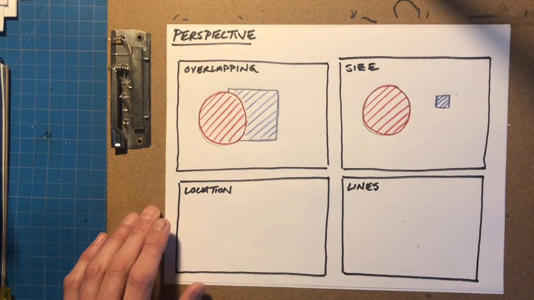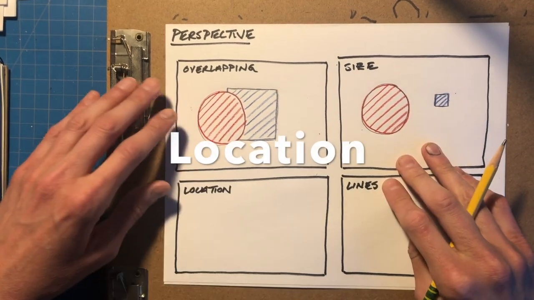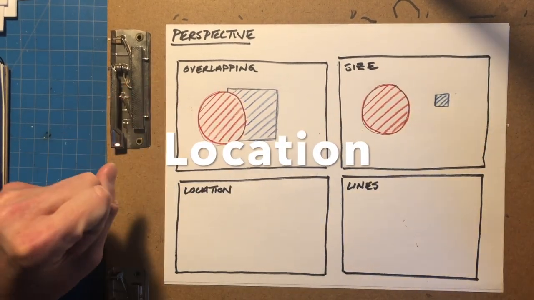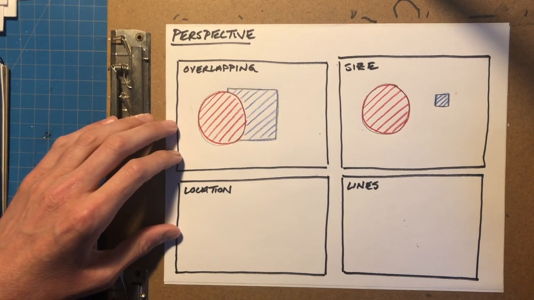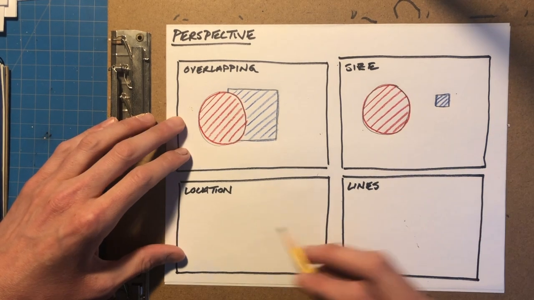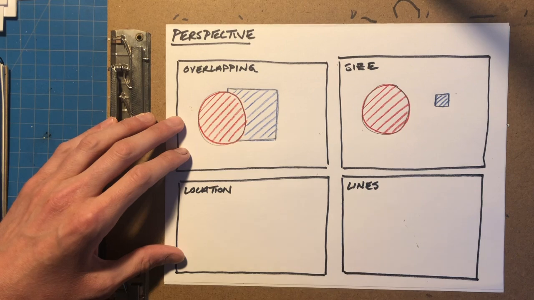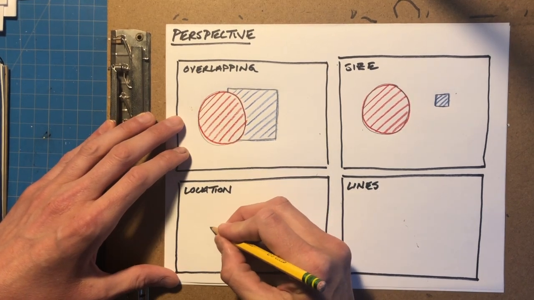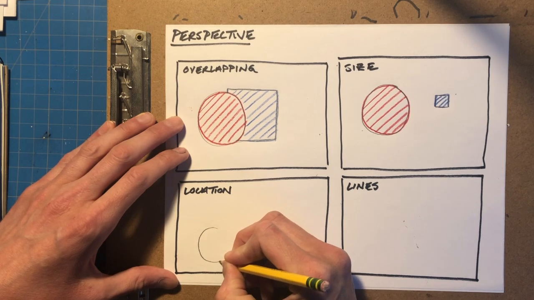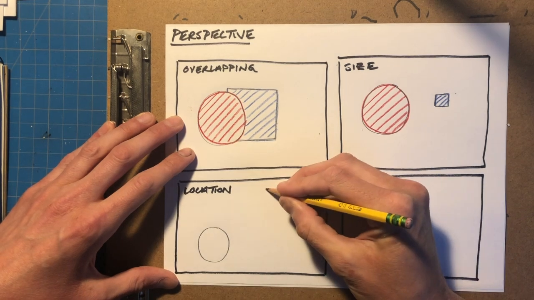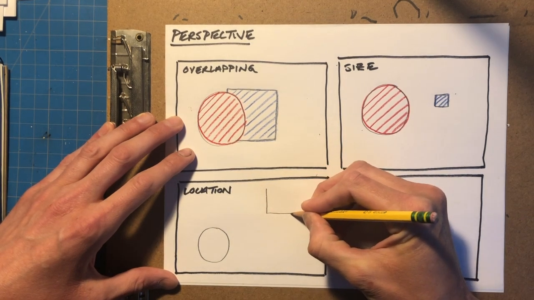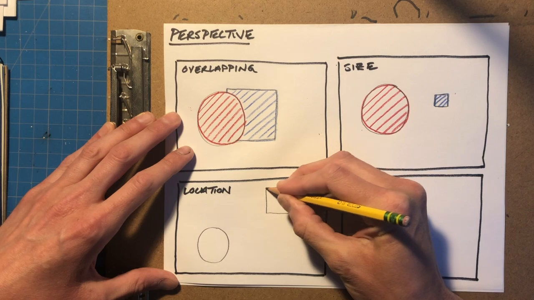Now, a third strategy is location. In certain traditions in art, especially Eastern traditions, they wouldn't change size so much. They didn't employ one-point perspective as much. What they would do is they would put one object higher in the picture plane than another object. So I'll draw a circle a little smaller, and then I'll draw a square a similar size but higher up in the picture plane.